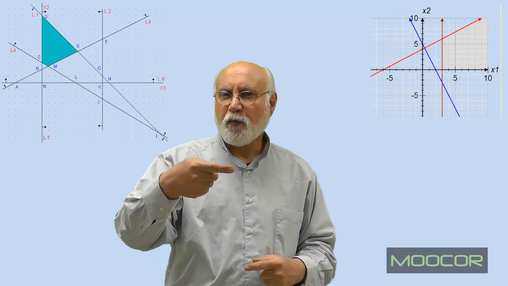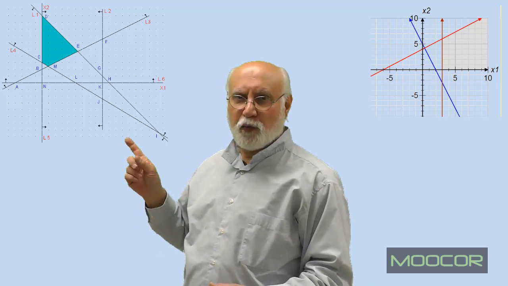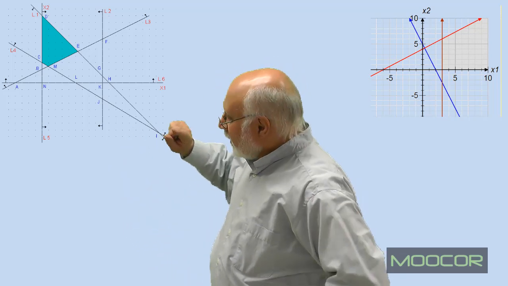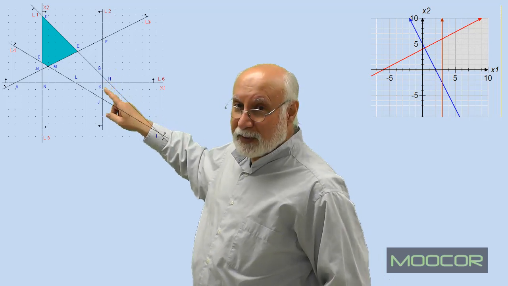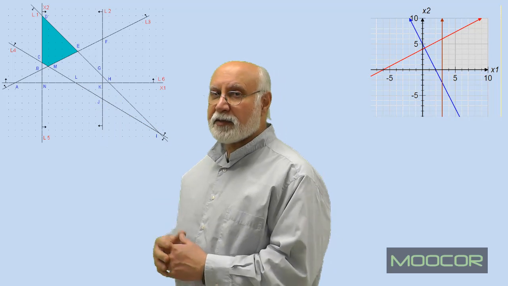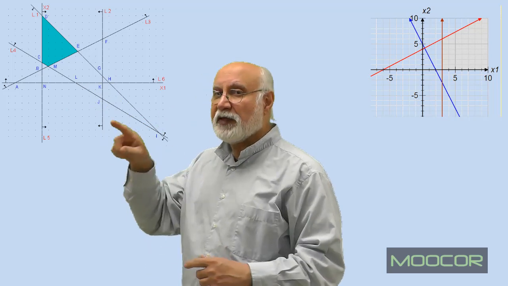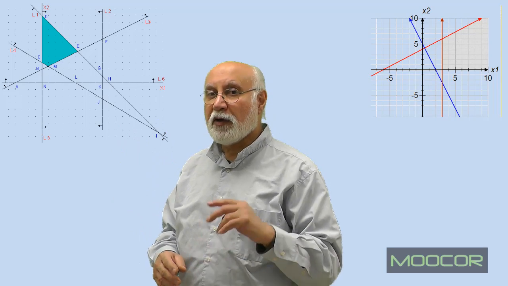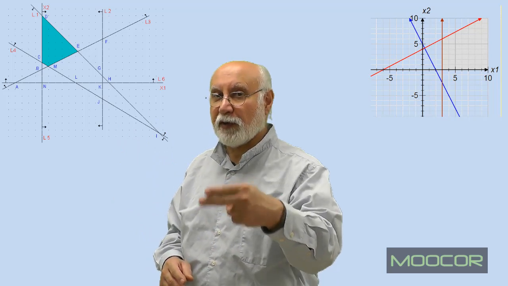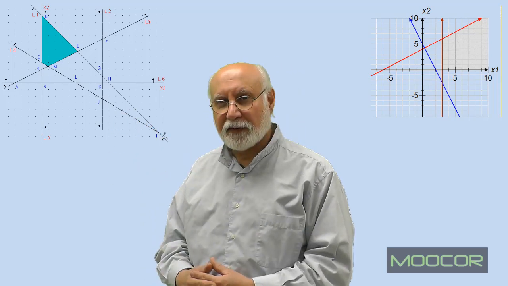Before I go one step further, I want to talk about one little thing. Some of these points that are at the intersection of these lines, the corner points of the feasible region, are very important. We'll talk about them later, but they are very important.